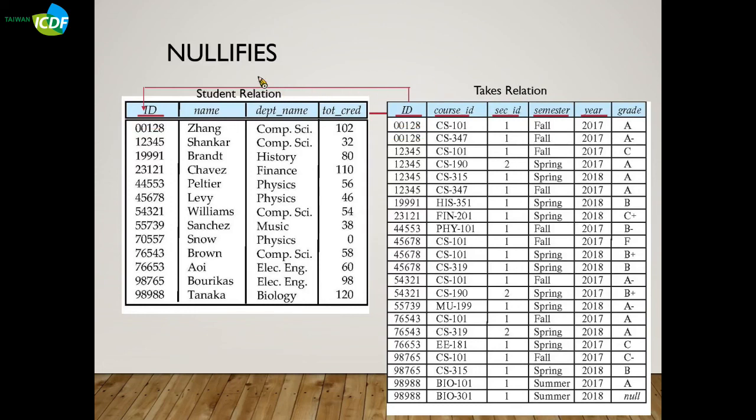And if the nullify policy is considered when the primary key of the student is updated to 11111, the foreign keys of the corresponding tuples in the text relation need to be updated as null.